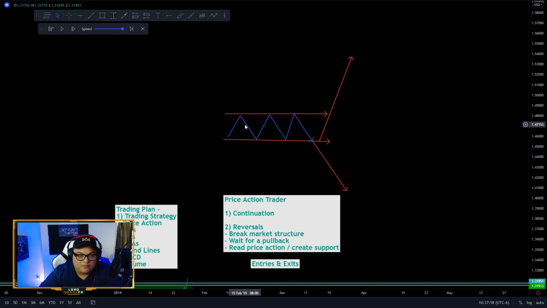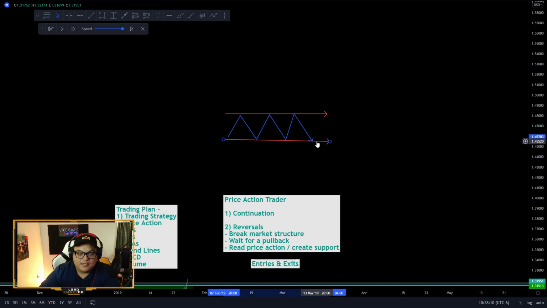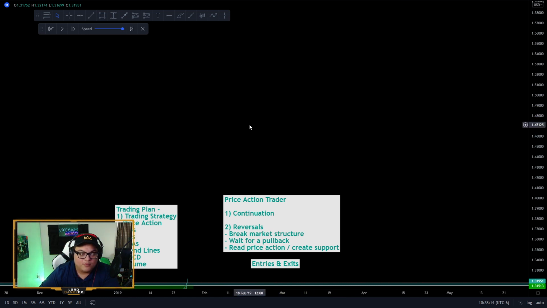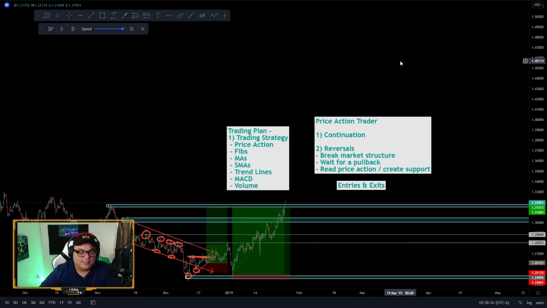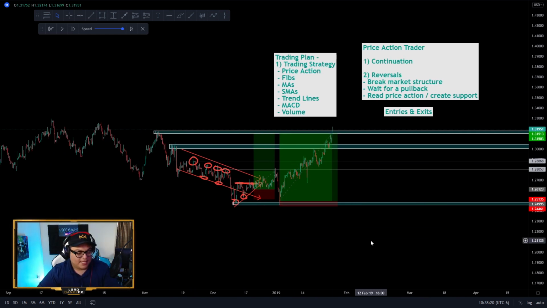And every pullback within this, I'll add a position. It's kind of like stacking trades. So I'll take my original risk and I'll divide it by like 10. And then each pullback, I add one of the positions. But that's a different topic, a different story. I can add that to another video if you guys like.